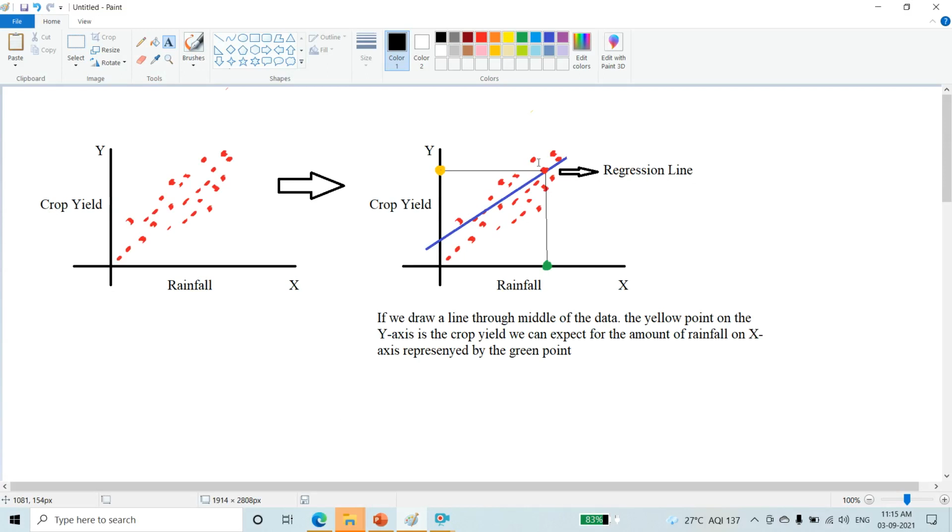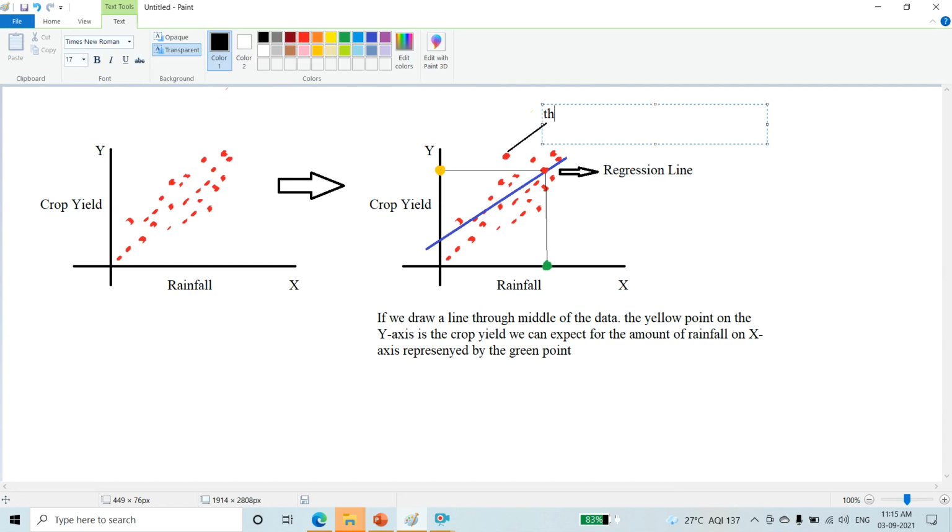If I am considering one point in the data set, this point is far from the regression line, then the residual will be high.